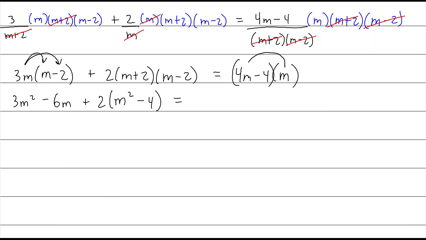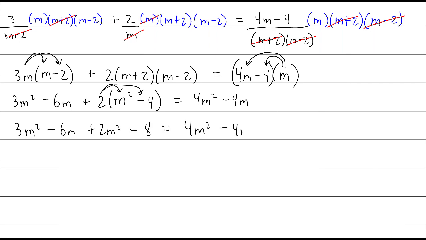So let me actually just clean it up and say 2 times m squared minus 4 equals m times 4m is 4m squared. M times negative 4 is negative 4m. Okay, got to distribute a little bit more with the 2. So 2 times m squared is 2m squared. 2 times negative 4 is negative 8.